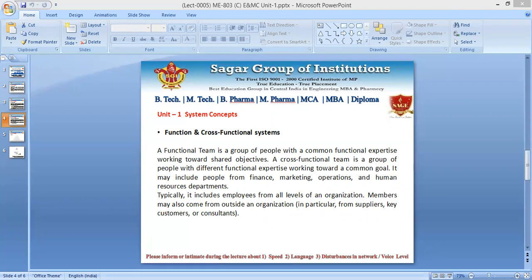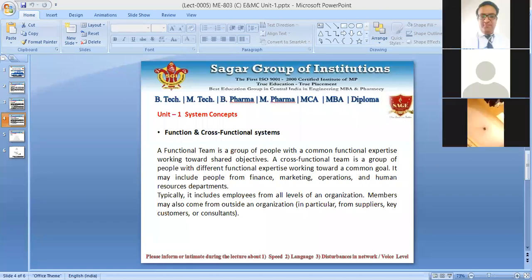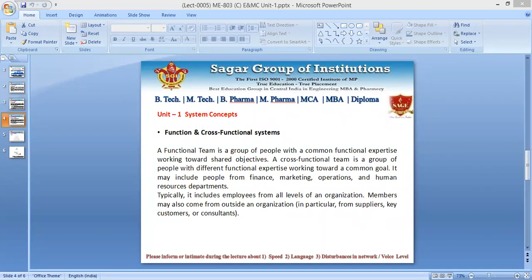And simply now, when we say a cross-functional team, it is a group of people from different functions. Sometimes these kind of cross-functional groups or teams are formed to work on a new project, and sometimes to execute the current project, they create a team of the leaders of every functional team.